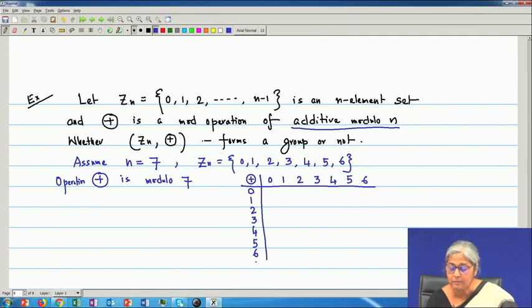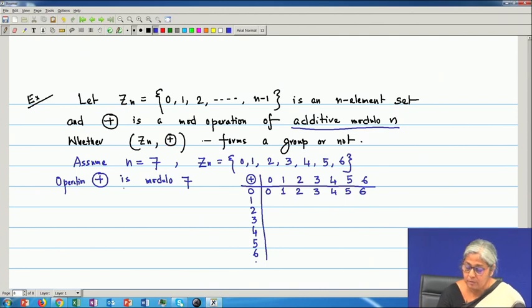That means 0 plus 0 divided by 7, obviously it will be 0, then 0 plus 1. So, since 0 is my identity element, I will be getting 1, 2, 3, 4, 5, 6, because all are less than 7.